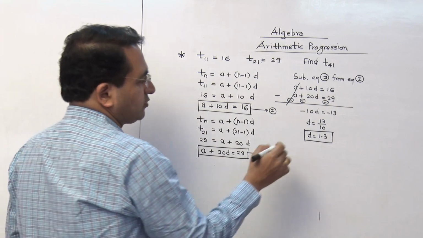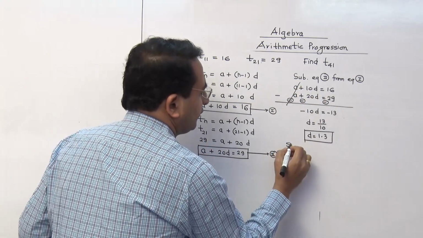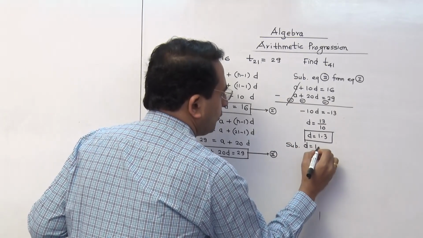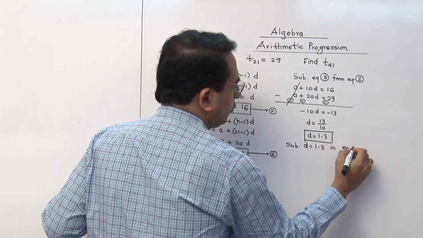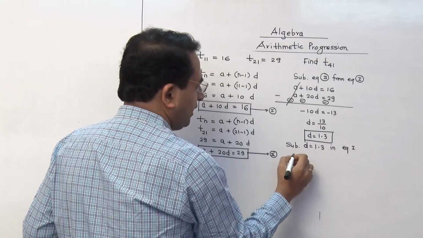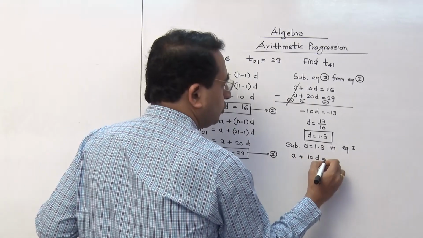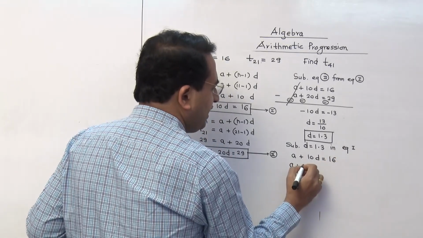Now what we'll do is we'll substitute that value in the earlier equation. Substitute D is equal to 1.3 in equation number 1. Now I write A plus 10D is equal to 16. So I put the value of D now.